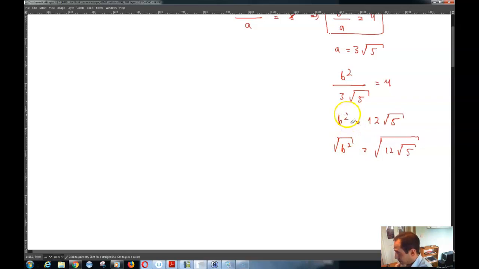Now, in order to simplify this, you need to be a little bit careful here. Of course, you know that b is a positive value, since b is a length over here. So you can take b equal to the square root of 12 square root of 5.